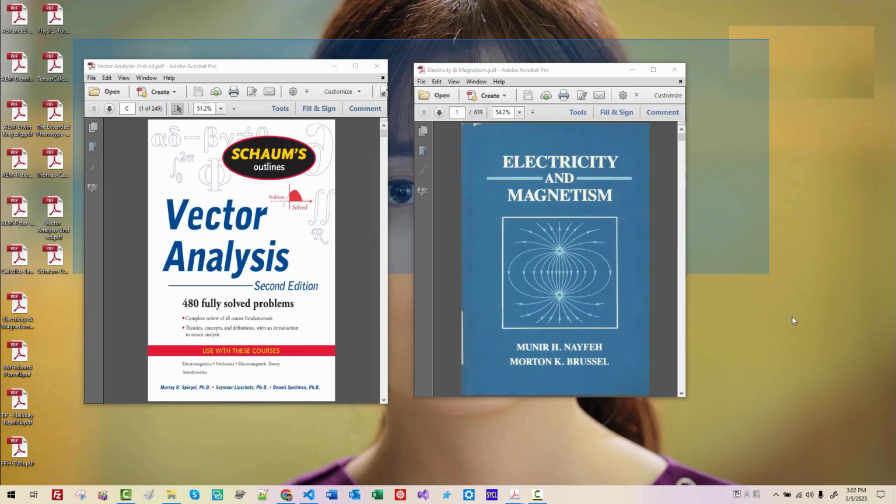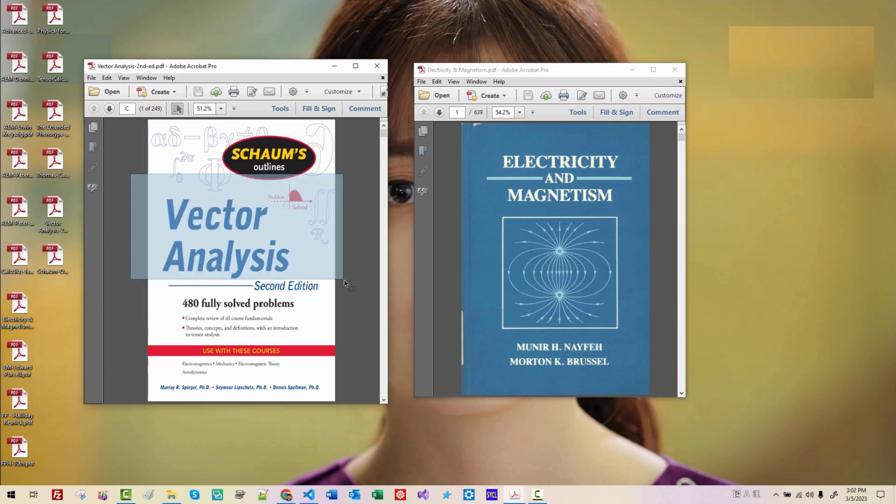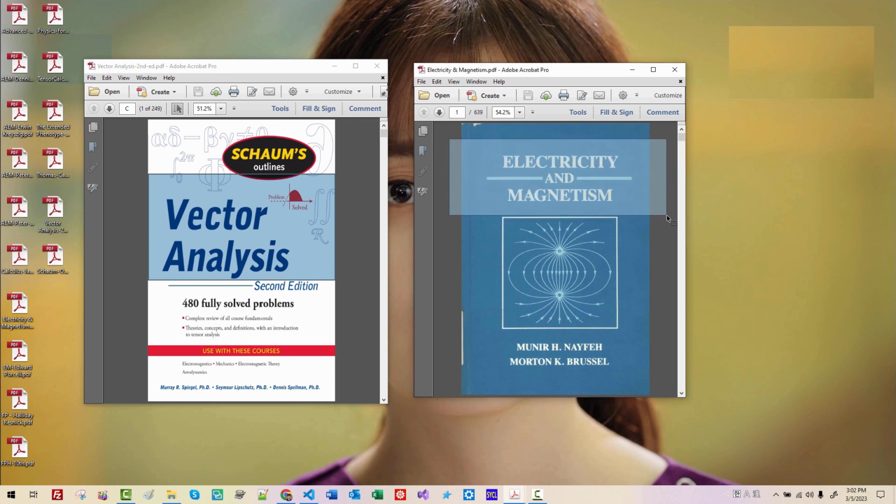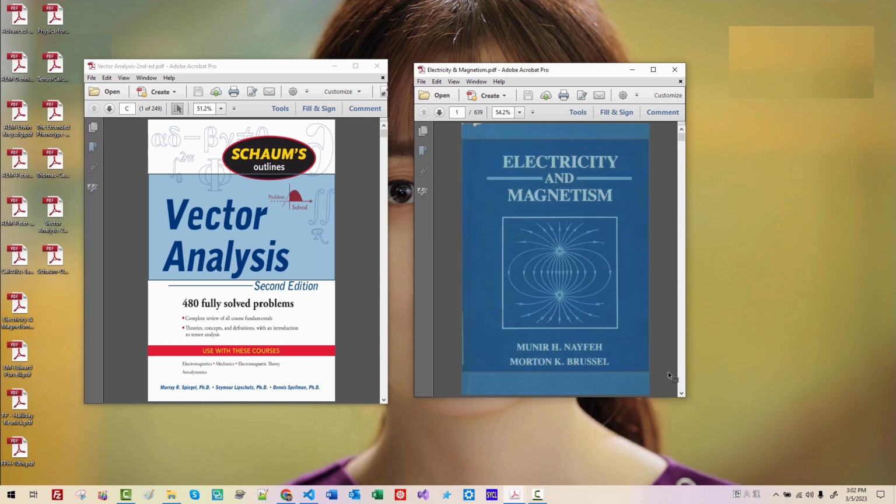However, if you read these two books simultaneously, you will find this book, Vector Analysis, is very useful and fun. At the same time, you will find electricity and magnetism is no longer as complex as it might look.